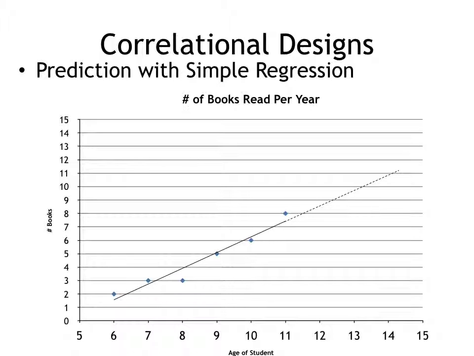If this linear trend holds, I can predict that. And it also lets me predict that in another group of 10-year-olds, they will probably read 6 books a year. So I can use the data that I've got to predict what's going to happen in the future.